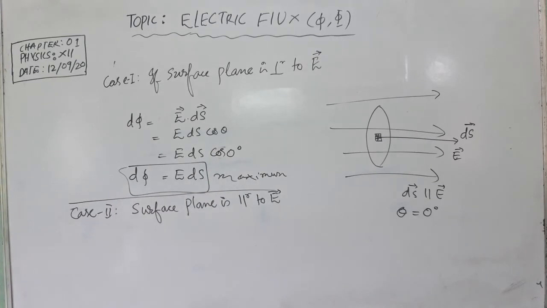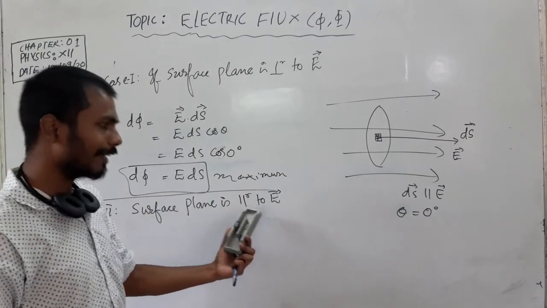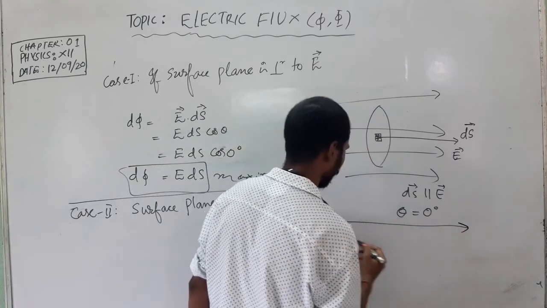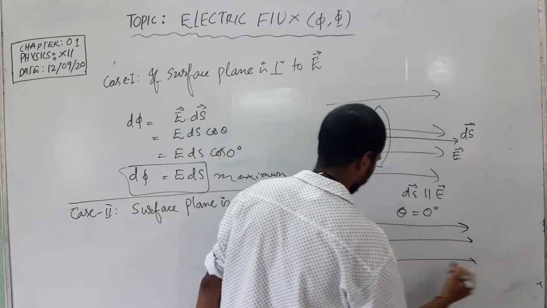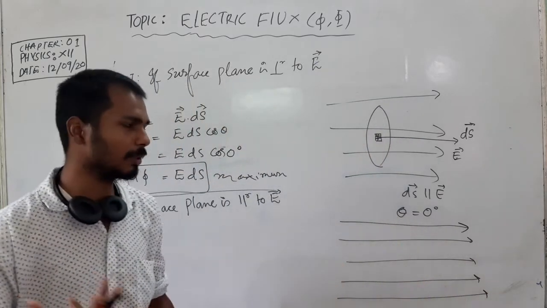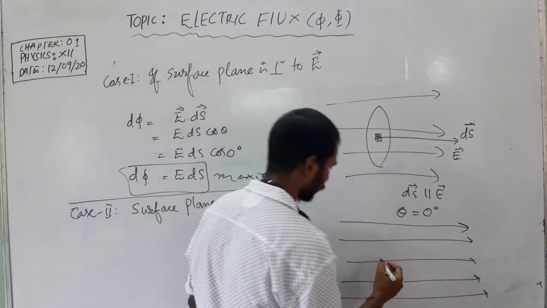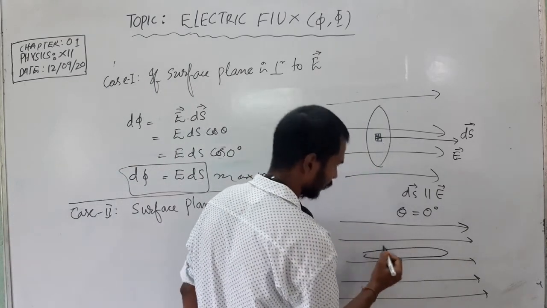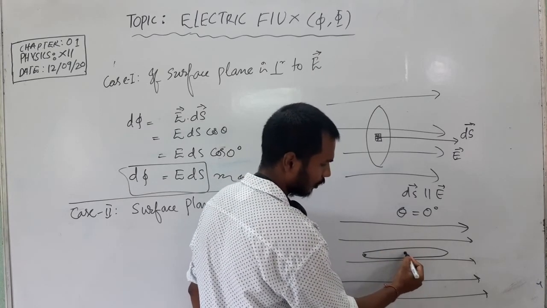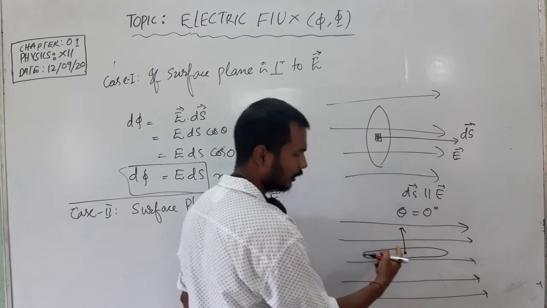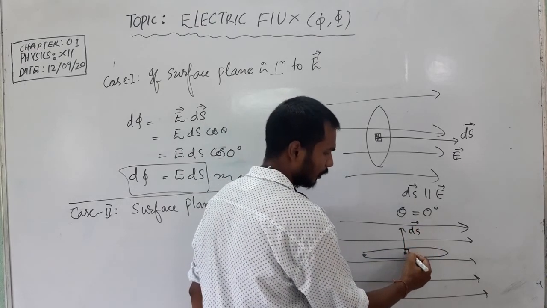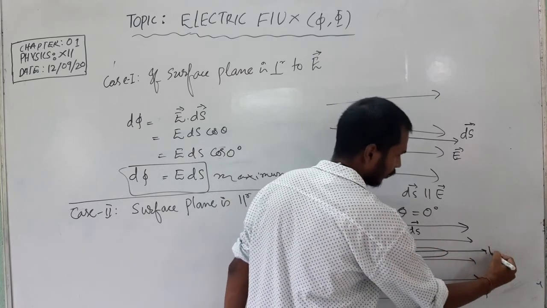Now see, case 2: if the surface plane is parallel to the E vector. We draw a uniform electric field and consider a surface such that the surface plane is parallel to the direction of the electric field. The surface vector, that is the area vector ds, is perpendicular to the direction of the electric field.